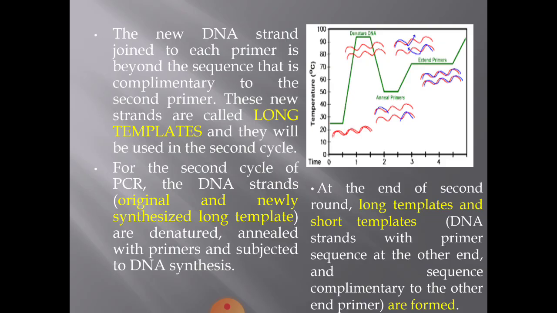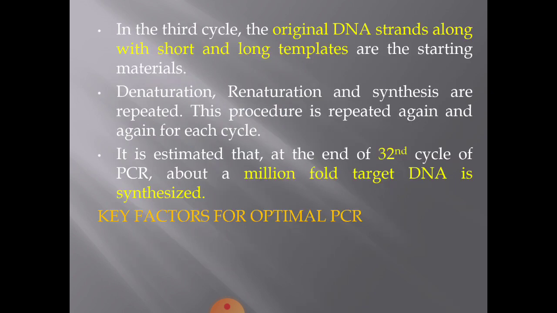That is, DNA strands with primer sequence at the other end and sequence complementary to the end primer. These are formed. So at the end of the second round, you will get original strands, long templates and short templates, which are used in the third cycle of PCR.